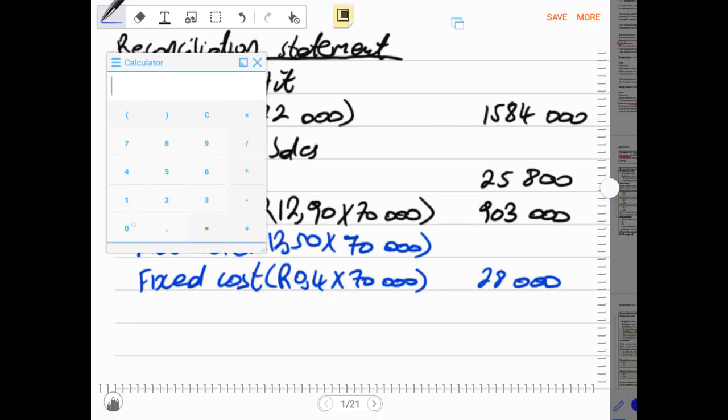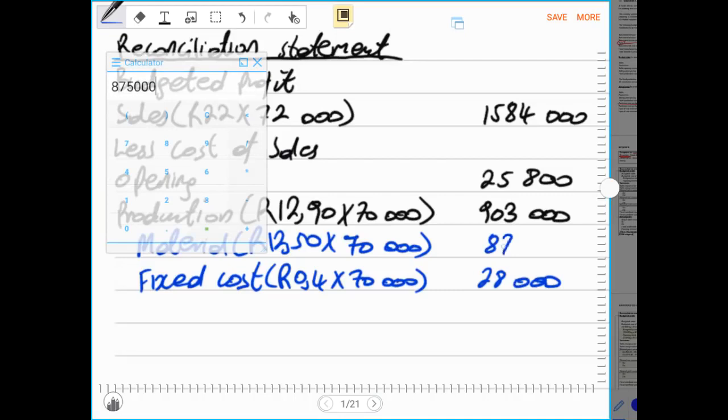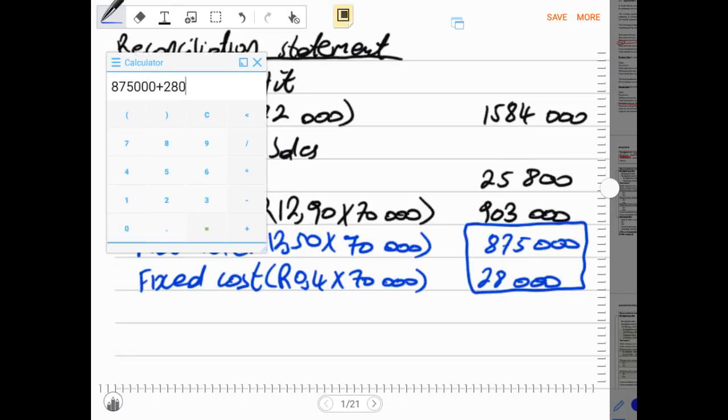So 12 rand 50 cents times 70,000 gives us a total of 875,000 rands. And the total of the two is supposed to give us the same 903,000, so we say plus 28,000 rands. This gives us the same 903,000 rands.